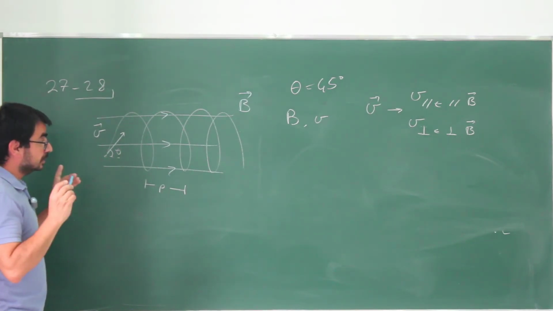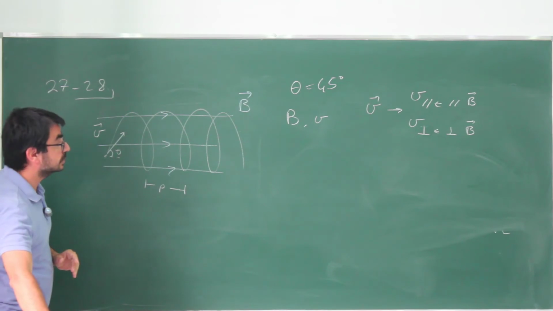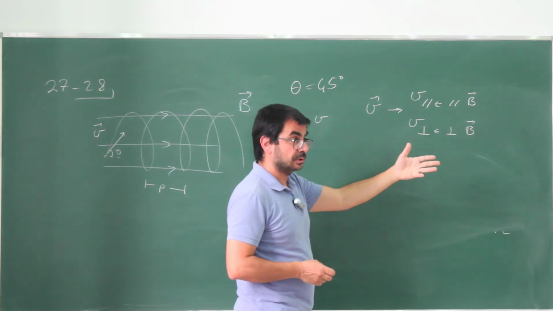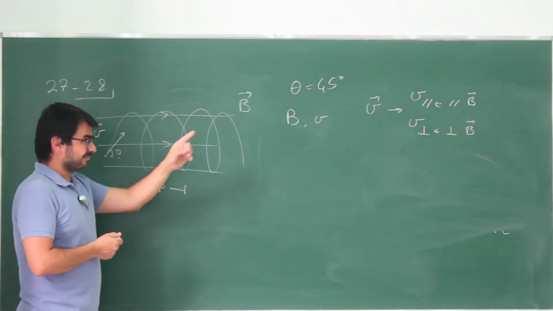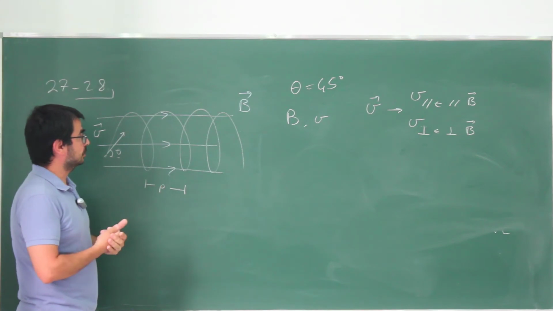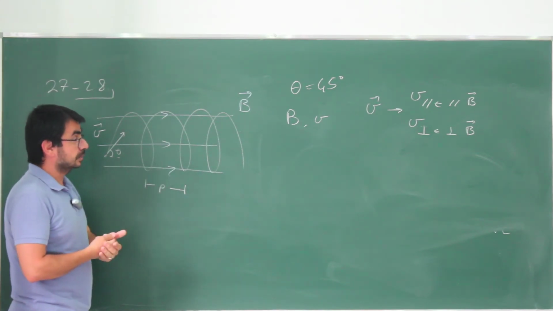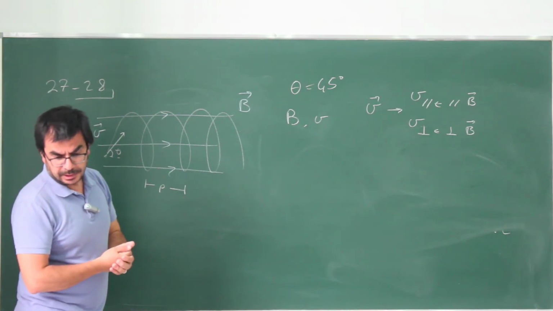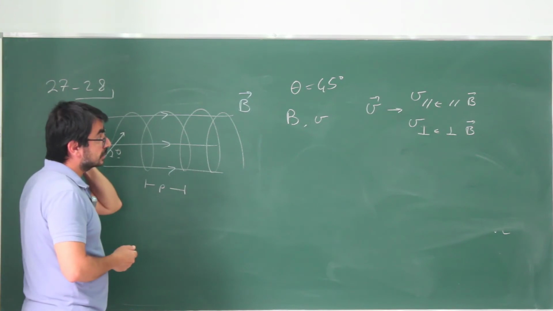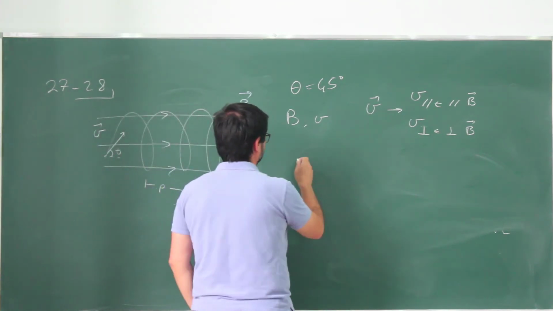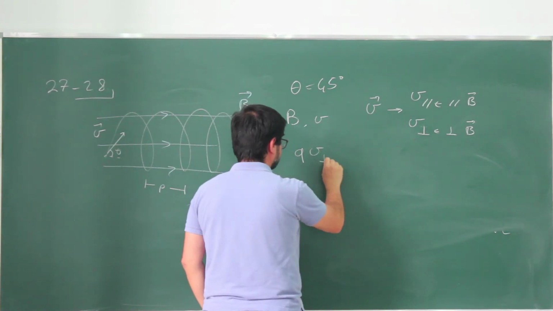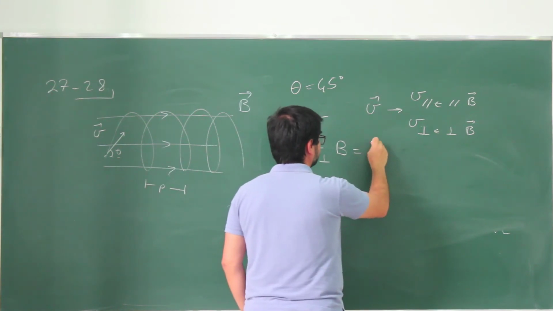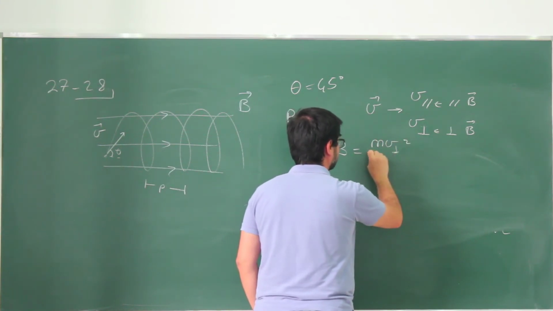Okay? But the key point here that you should take away from all this discussion is that it's only the perpendicular component of velocity that's responsible for the circular motion. The parallel component is just constant velocity motion. It doesn't do anything. All right, so let's write down these equations. What are they asking? Yes, they're asking for the radius and the pitch. So this magnetic field is going to lead to some force q v perpendicular times B. That's the magnetic force. This is going to be m v perpendicular squared divided by r.